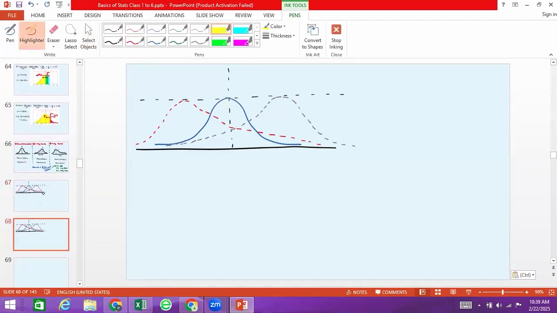So in this case, this is the normal distribution, the middle one.